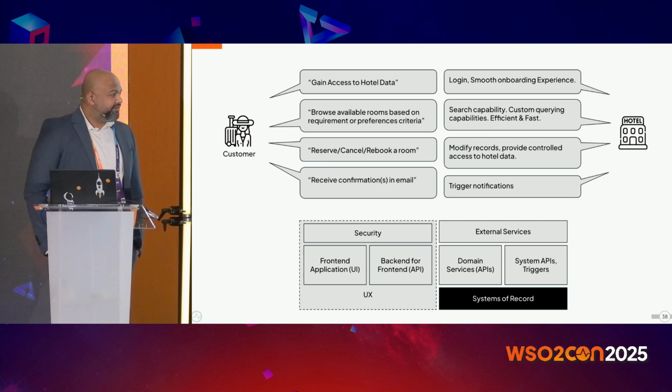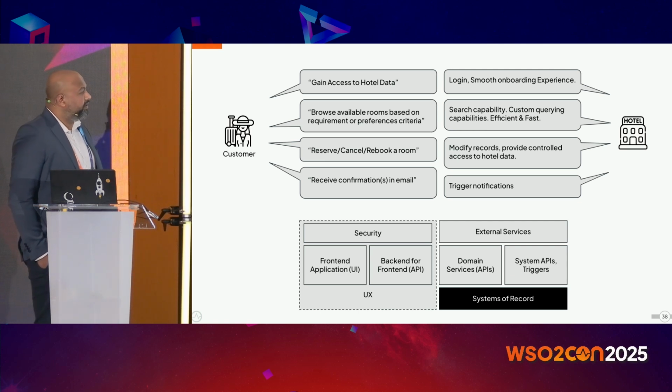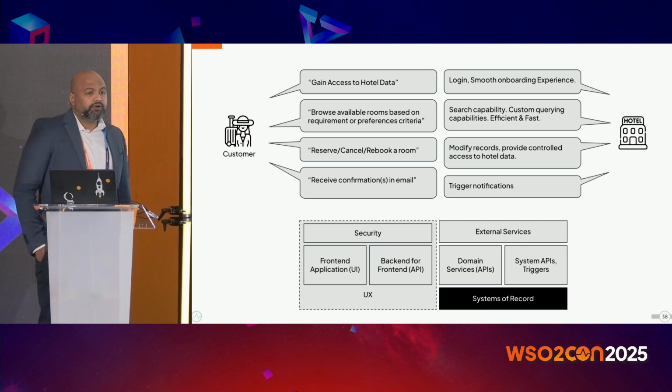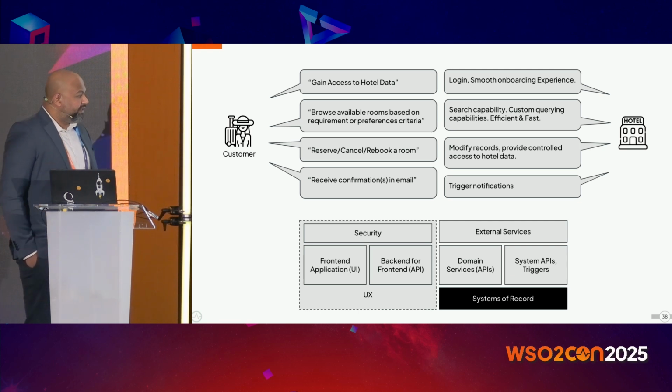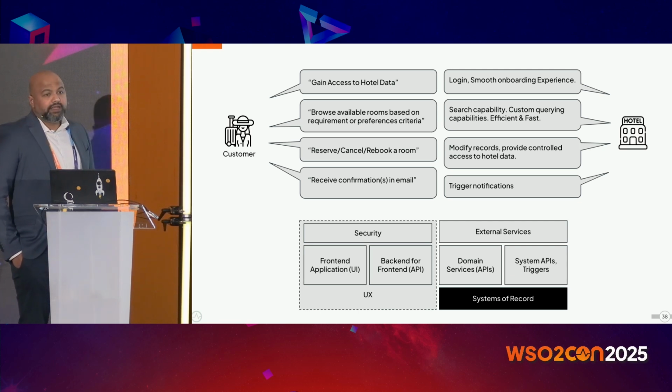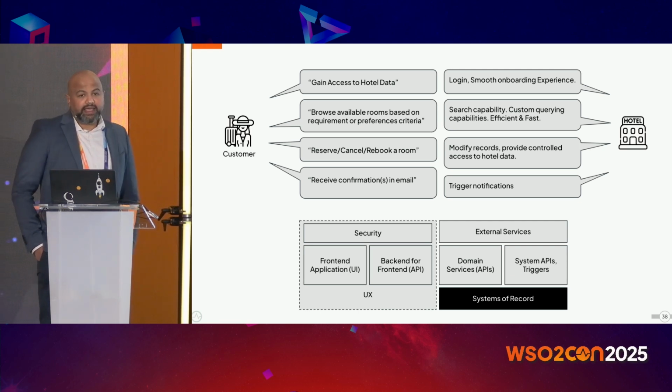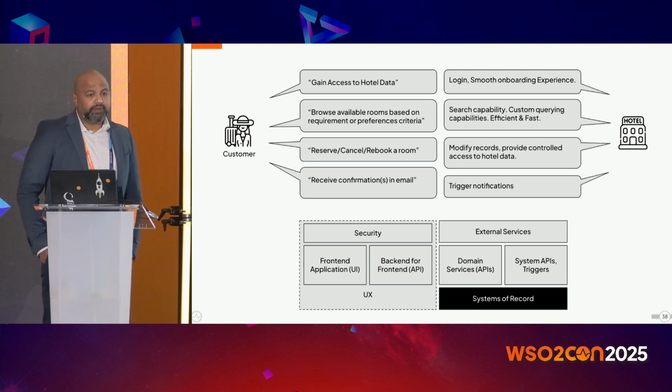When we think about the systems that need to be developed in order to make hotel data accessible and allow the customer to perform these operations, first of all, you have to think about the systems of record that the hotel has, which is typically a database or a set of databases. On top of that, you will have to implement certain services in order to make this data and these operations accessible to any other systems or users.